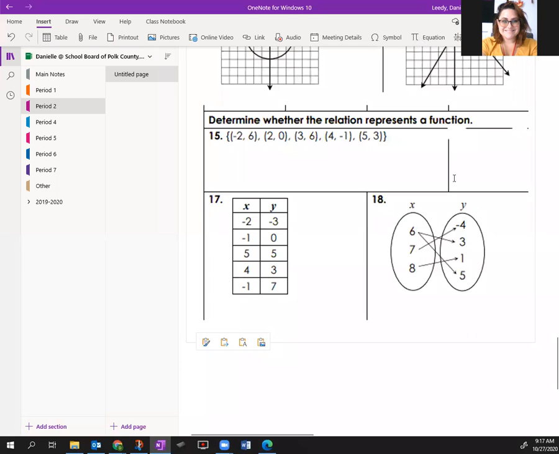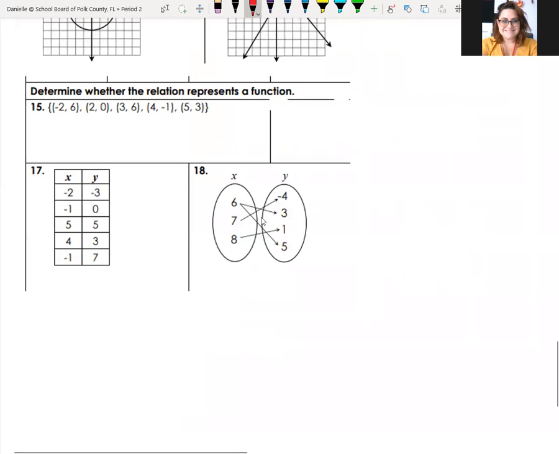And when we are looking at ordered pairs, as I mentioned on Monday, we want to look at our x term. Our x will tell us if it is a function. Do I have the same number written twice? I have -2, 2, 3, 4, 5.